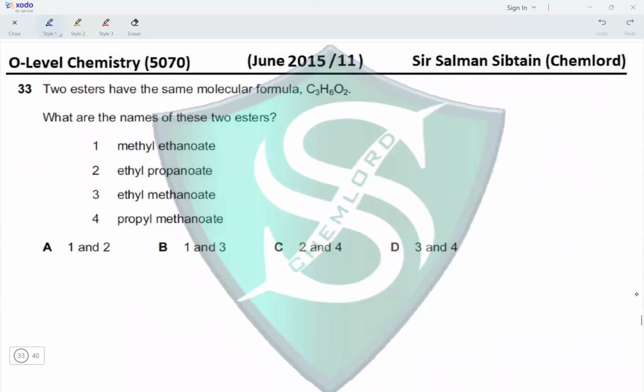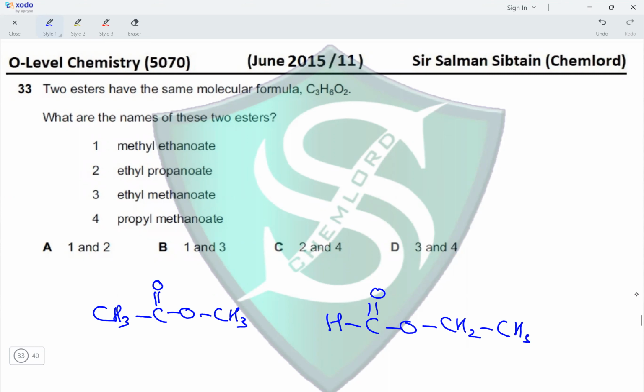Question 33. Two esters have the same molecular formula, C3H6O2. What are the names of these two esters? So we can have two carbon atoms present in the acidic portion of the ester and one carbon atom in the alcohol portion, or we could have one carbon atom in the acidic portion of the ester and two carbon atoms in the alcohol portion.